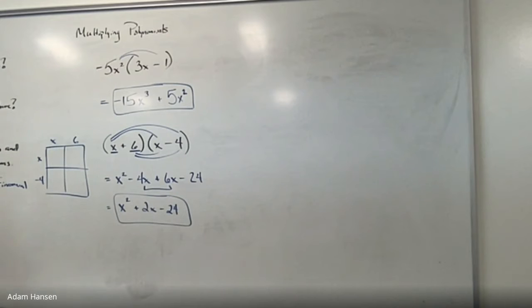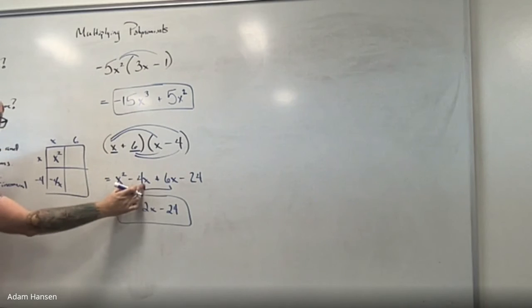Okay. Let's multiply all the rows and columns together. For this top left corner, multiply x times x. What's x times x again? X squared. Now on the next row, multiply the column times the row. What's x times negative 4? Haven't I just made the same numbers that I made over here?